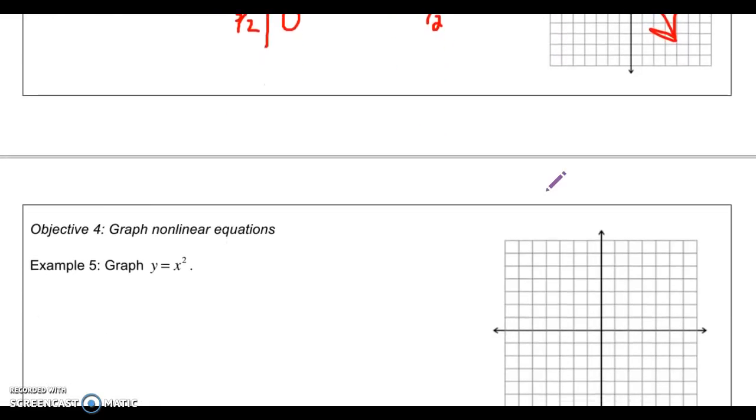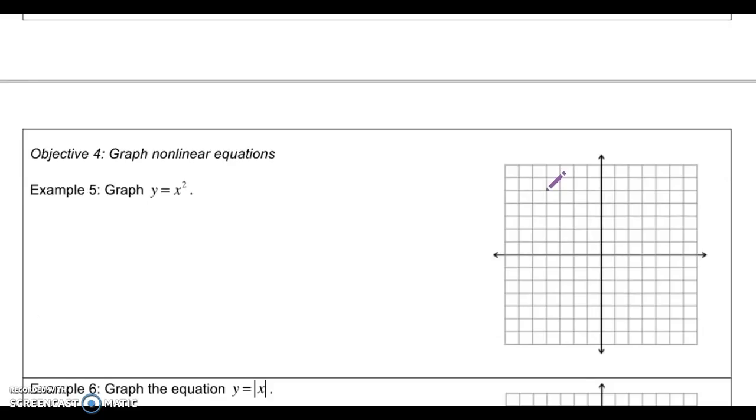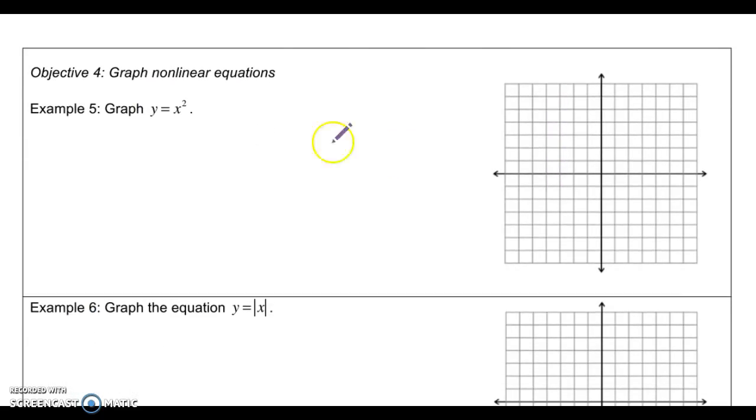All right, moving on to objective 4, we want to graph nonlinear equations. And to do this, you're going to do the same thing. You have an x and a y, and you're going to substitute values.